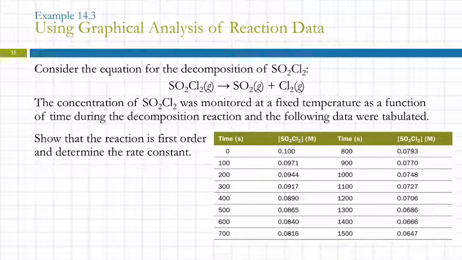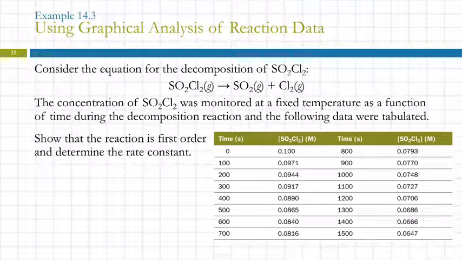Here we've got this going over the course of 700 seconds, and the rate is continuously changing. And so what we're going to do is make a graph and use the integrated rate law, and we can get the rate constant that way.